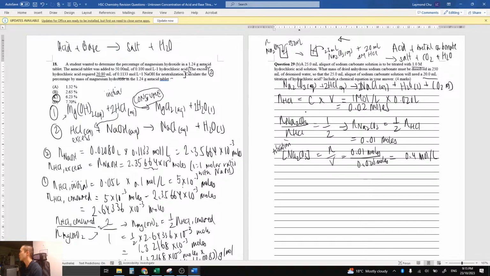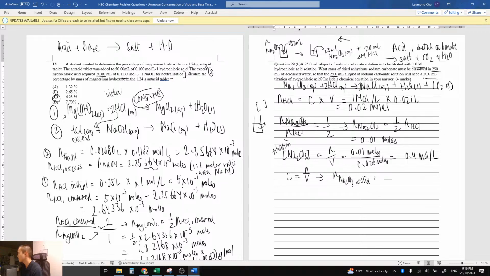So we've got a concentration, and we've got a volume that we want to achieve. This 25 mL was taken from 250 mL. If I take 25 mL of this solution, regardless of how much I take, the concentration is still going to be the same. So with the concentration being the same, I use C equals n over V. I want to solve for n of Na2CO3, specifically for my solid.